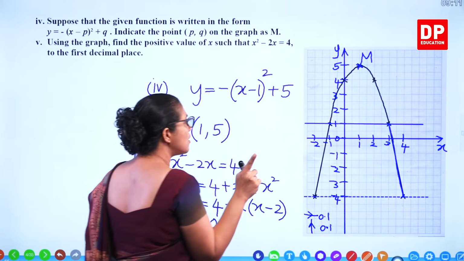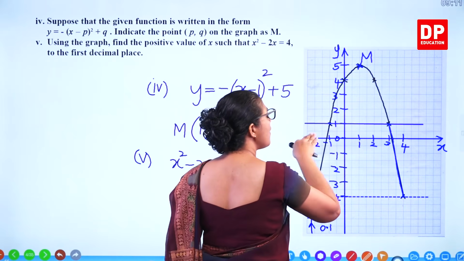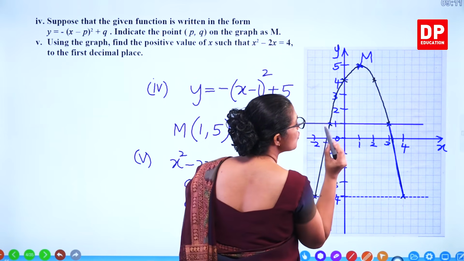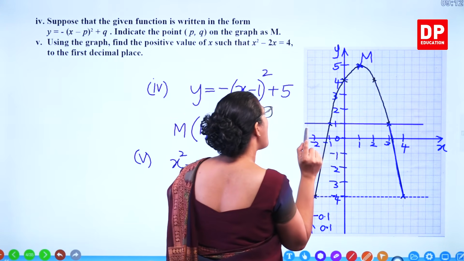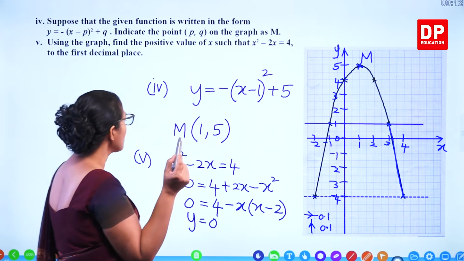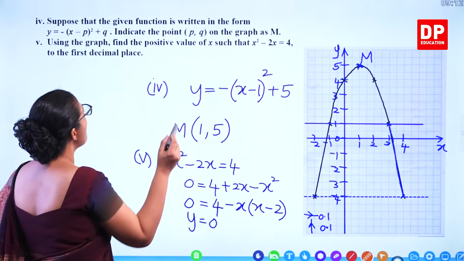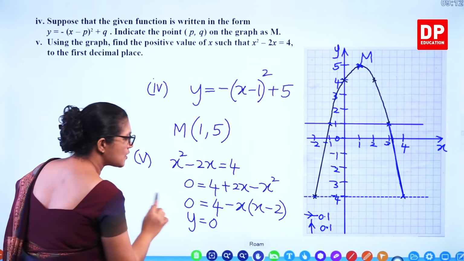So what are the solutions intersecting the graph and the x-axis? This value and this value: 3.2 and minus 1.2. Those are the two values, but we need only the positive value of x. So what's the positive x value?